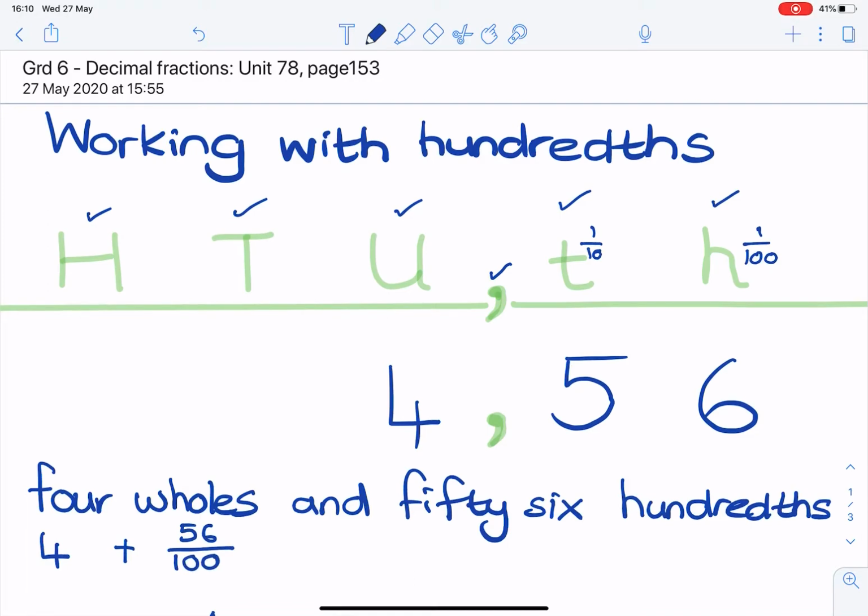Remember, if we look back at our columns, where our number ends tells us that it goes over 100. It ends in the hundredths column, so it must be hundredths. So 4 wholes and 56 hundredths is written like this in words and like that in expanded notation.